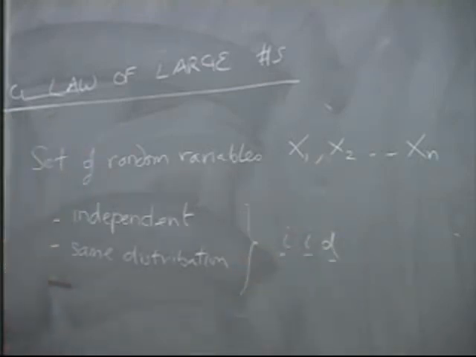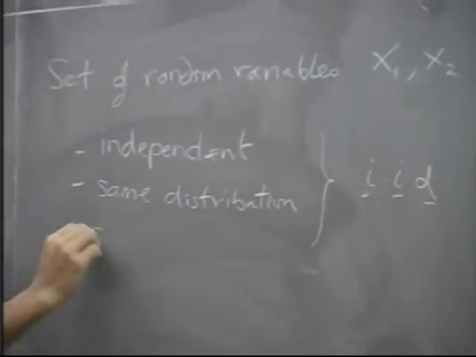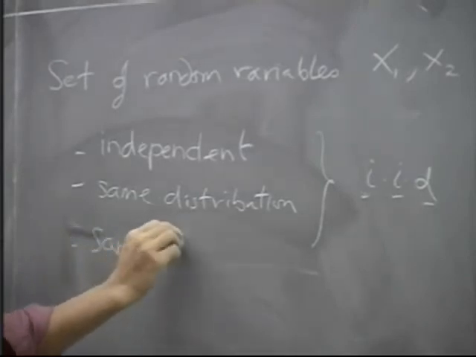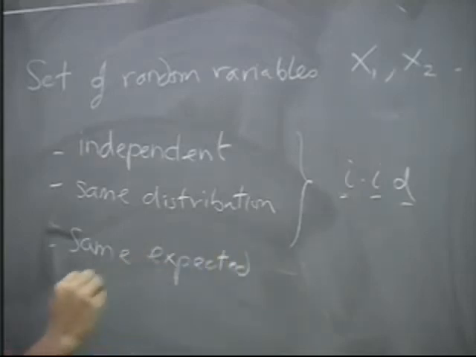So we'll say x1 to xn is a collection of IID random variables, meaning independent and identically distributed random variables. And we also say that they have the same expected value, which is equal to mu.